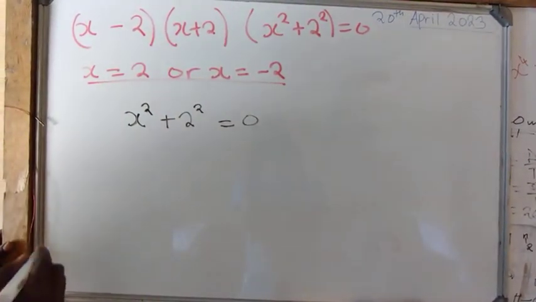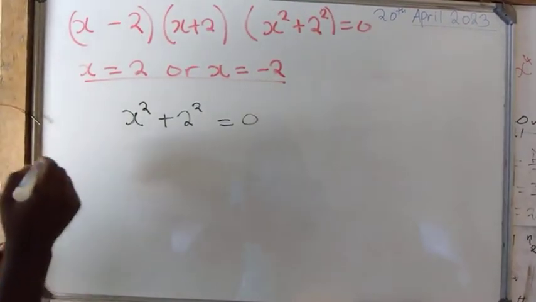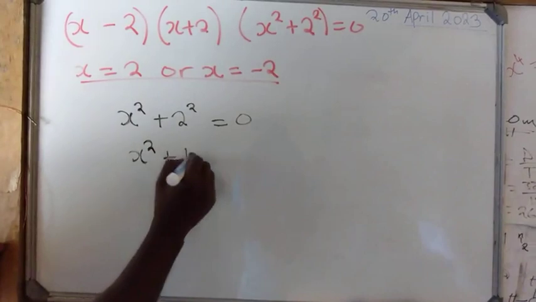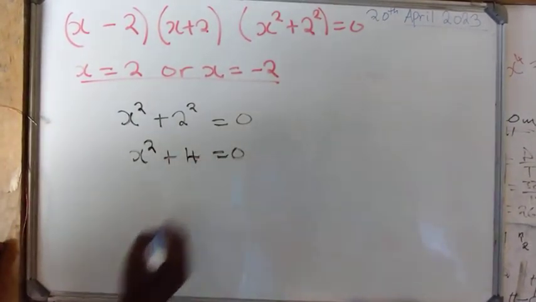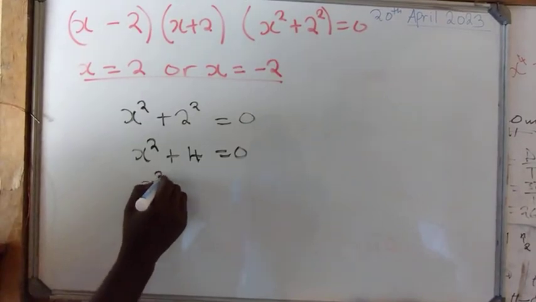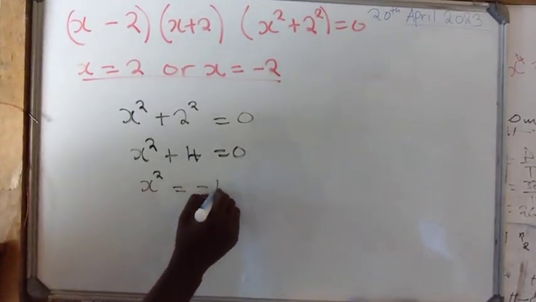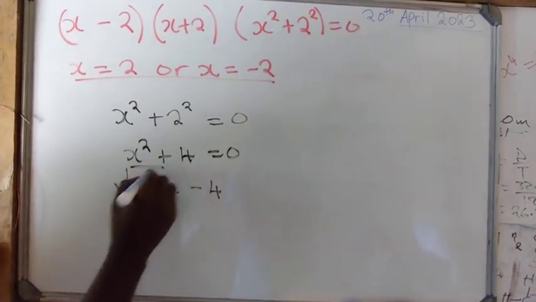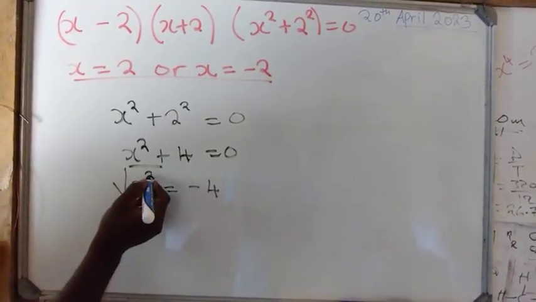Okay, so from this stage we are going to write x squared plus 4 equal to 0. Okay, so here we have x squared is equal to negative what? 4. So we are going to apply the square root here so that we get rid of this squared 2.